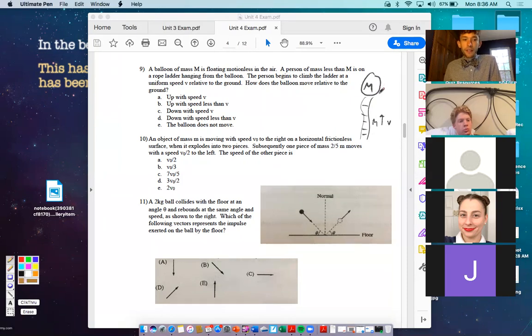So you can think about this in terms of forces, or you can think about this in terms of momentum. In order to move himself up the ladder, the person has got to be pulling down. He has to be pushing down on the rope ladder so that the rope ladder will push him up. And he's doing that with a certain force to give him this velocity of v.